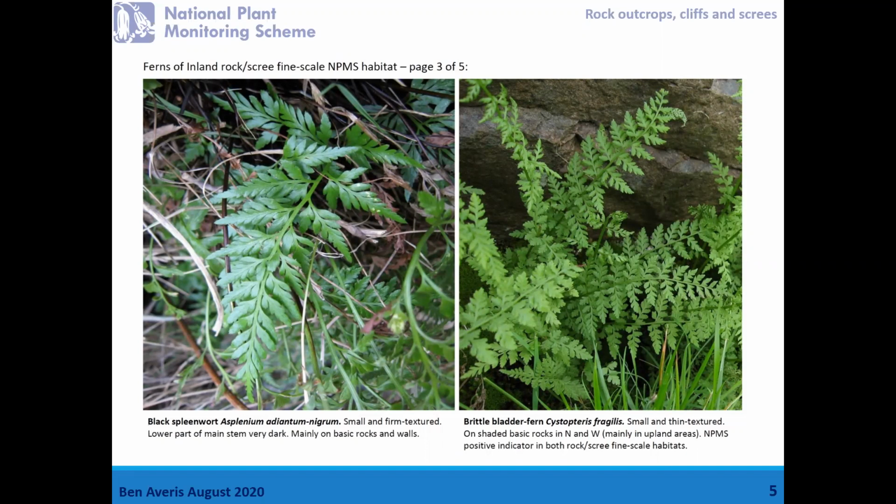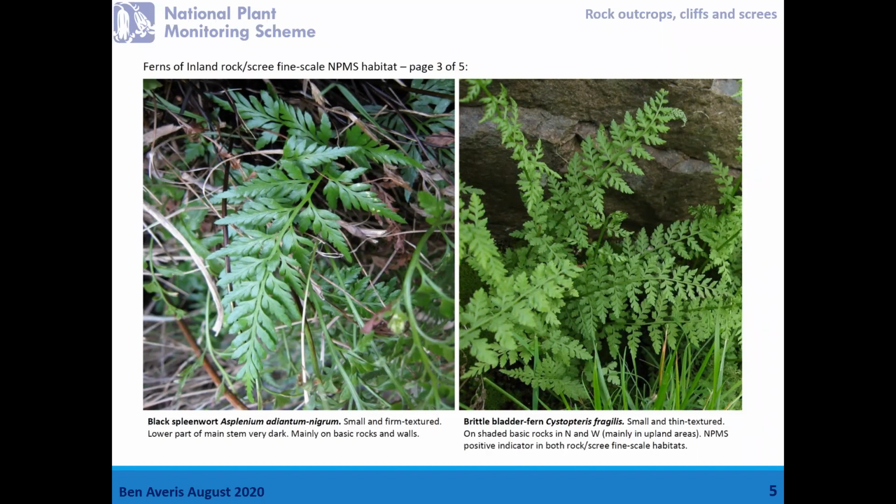The black spleenwort on the left is pretty easy to tell because it's slightly glossy, quite firm texture, and the main stem gets very, very dark in its lower part. What we can see there is the green bit, but if you were able to follow that through, it would get very dark, almost blackish. And it grows on rock faces and on walls as well, where the rock is quite basic. So easy to tell with that dark base to the stem, and slight shine to it.